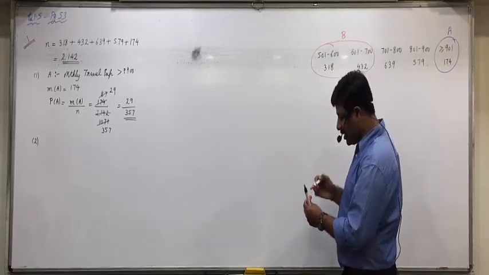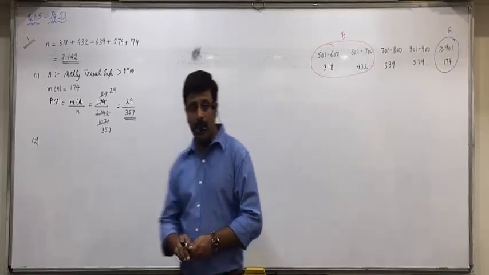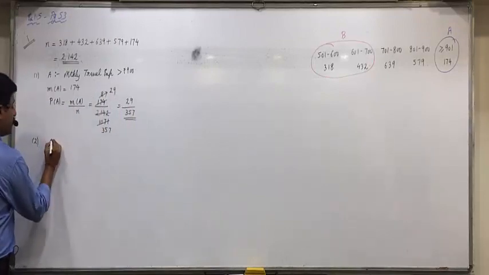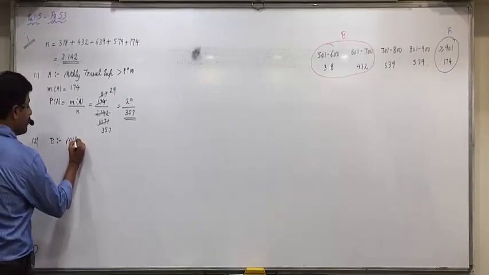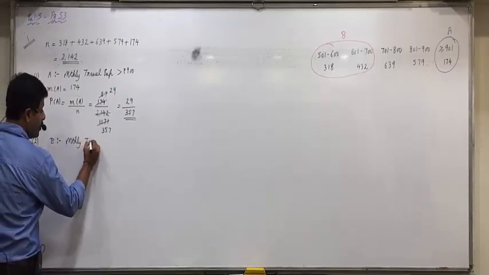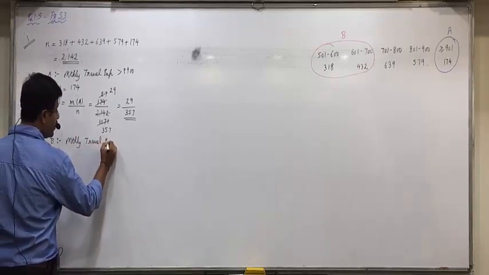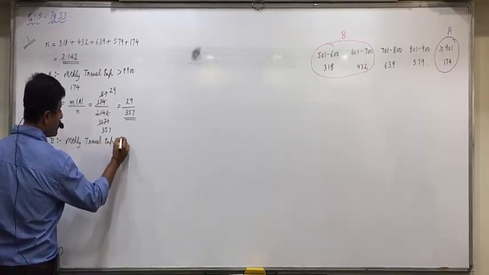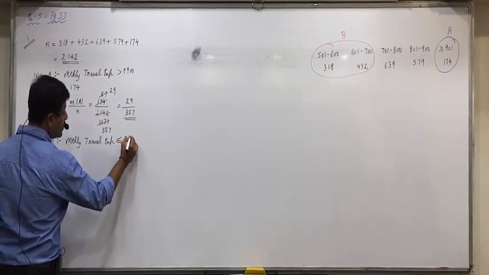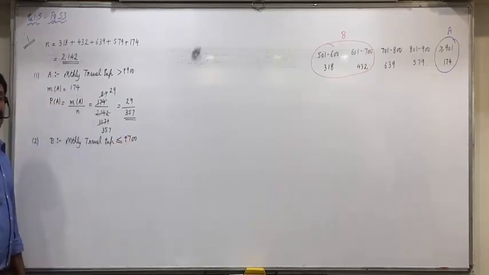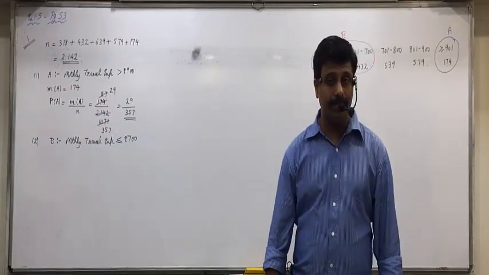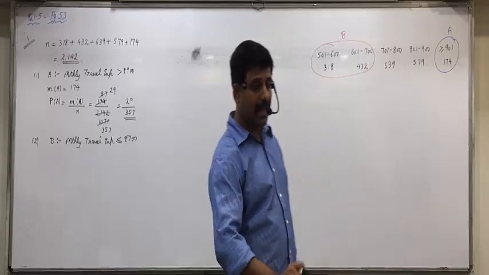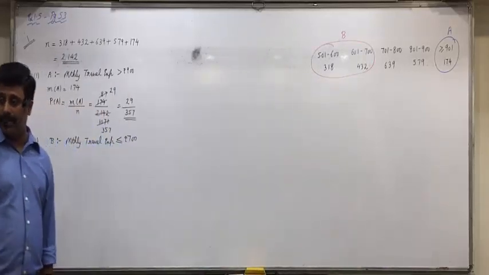So let event B be the event that monthly travel expense is at the most rupees 700.